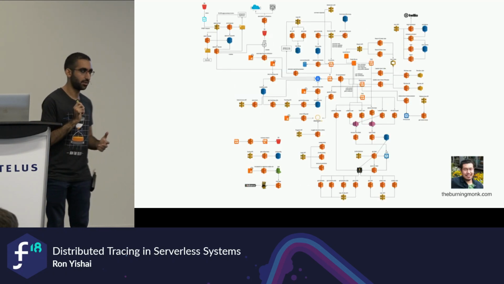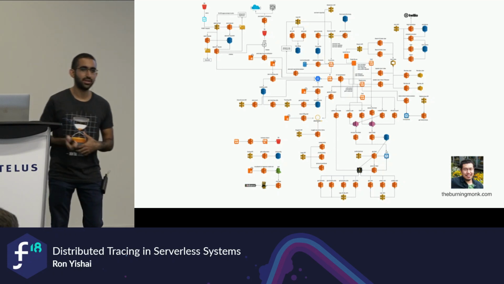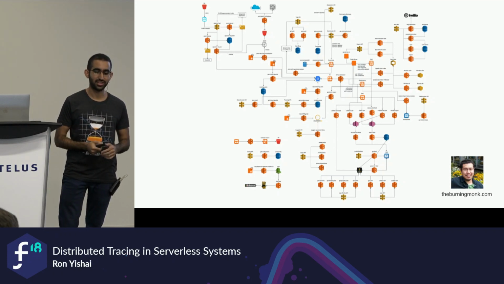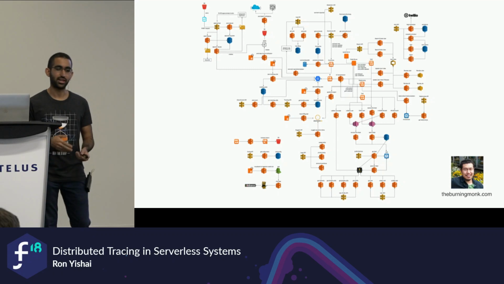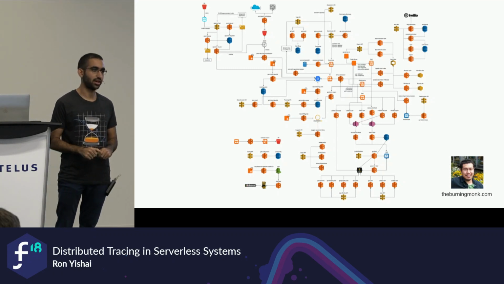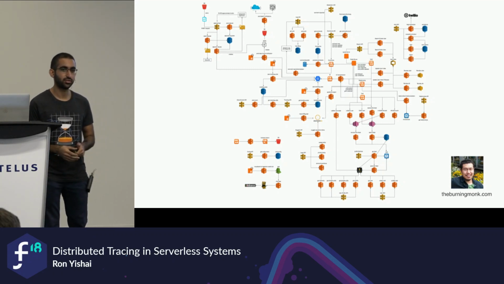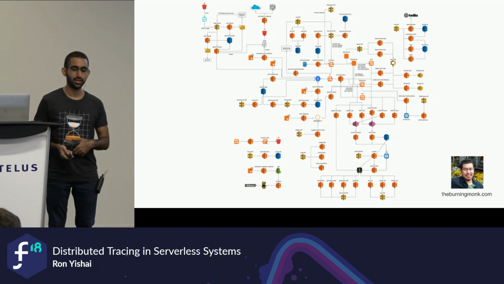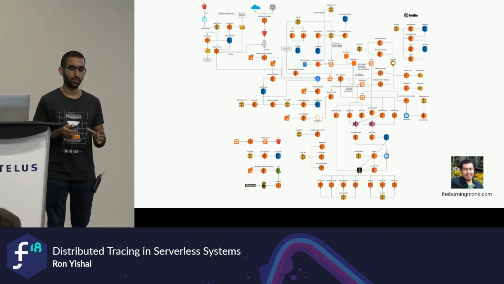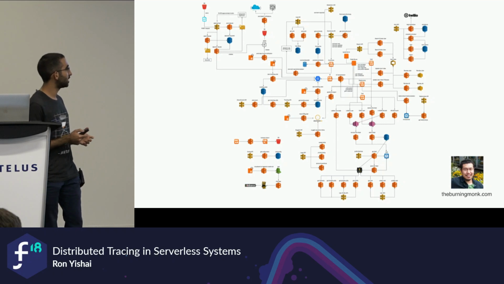So let's see a good example. This example, Simona talked about it before, is quite famous, from Yan Cui, who is also a famous figure in the serverless community. I really recommend following him. So what you can see here is a real serverless application.